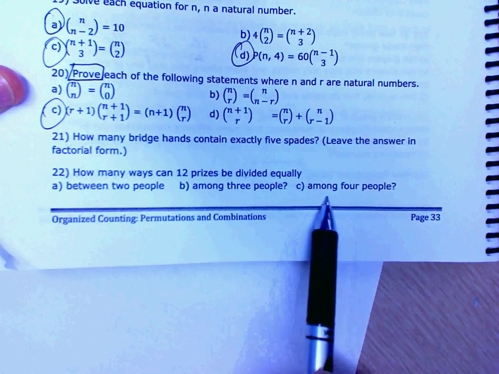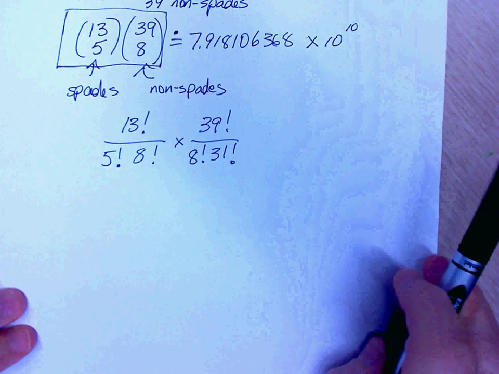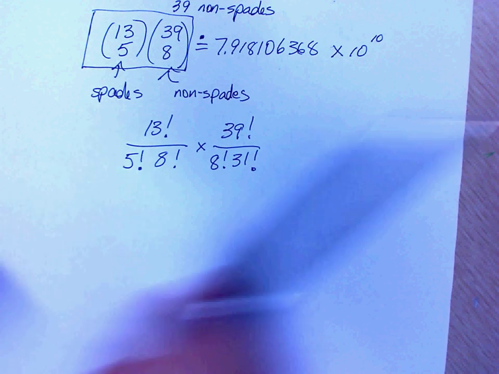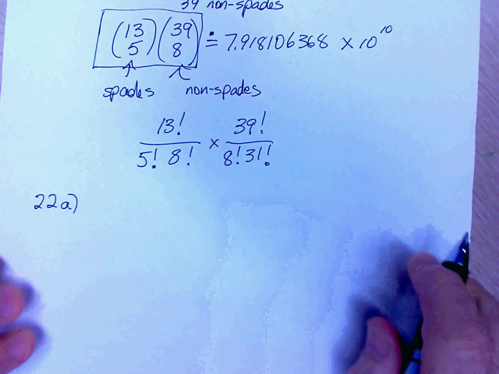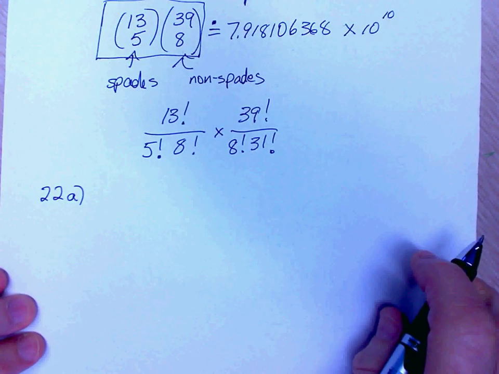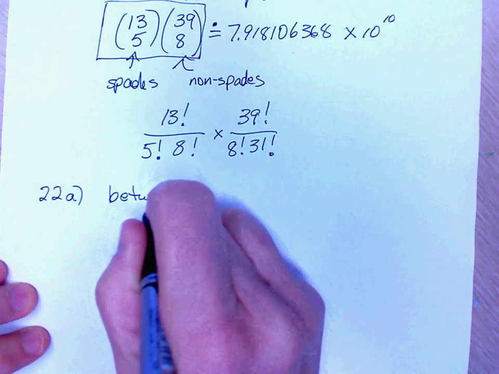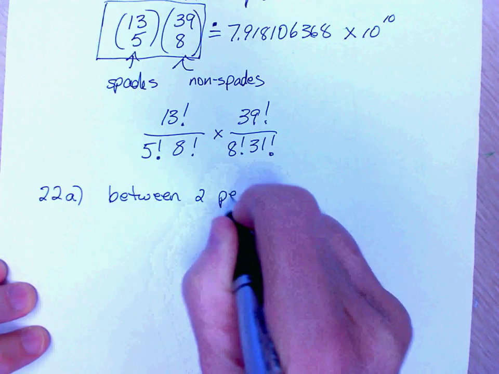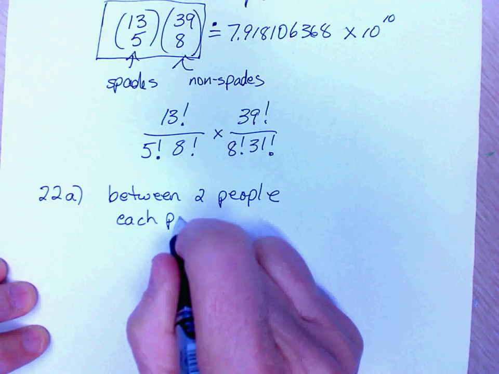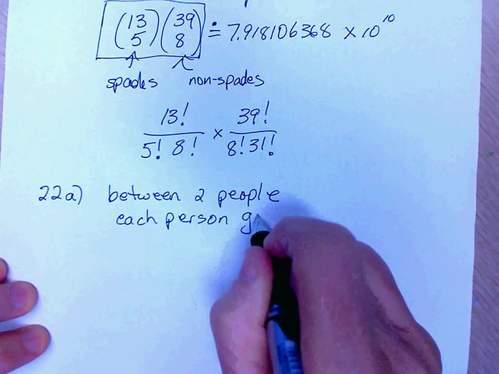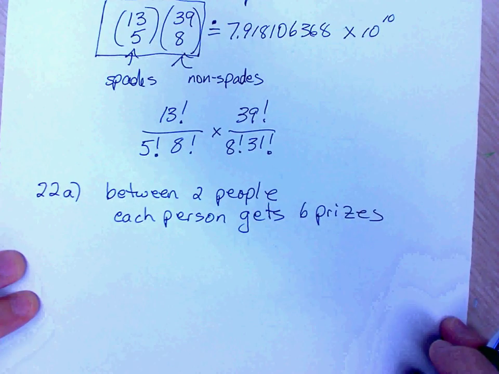I think if you understand how to do 22, you'll understand how to do 22 A, B, and C. If it's between 2 people, each person gets 6 prizes, because there are 12 prizes in total.